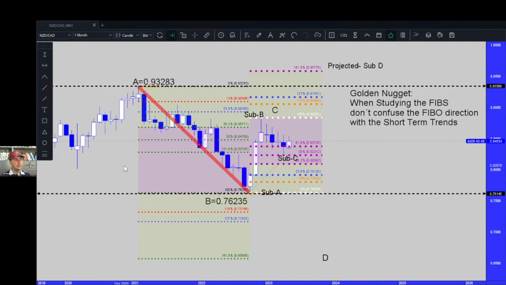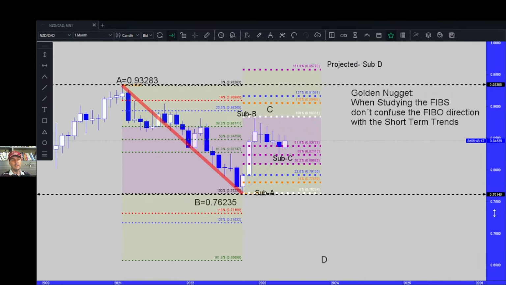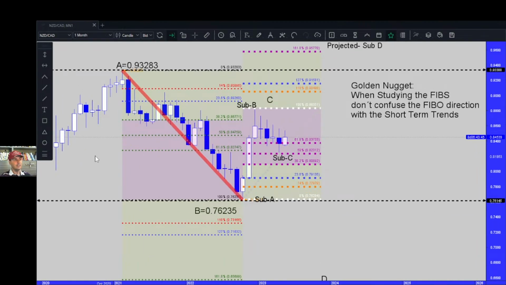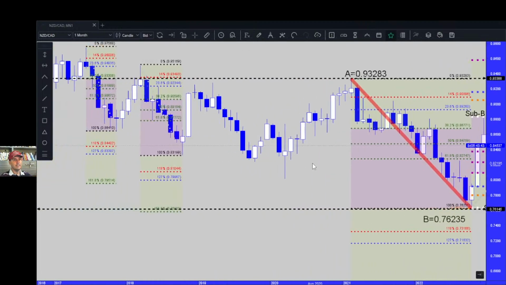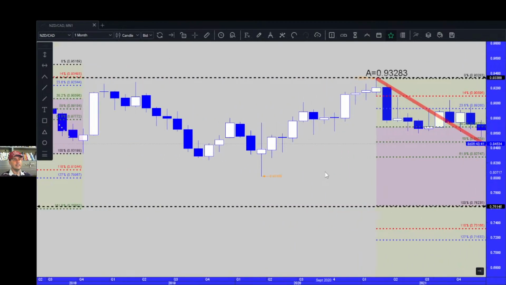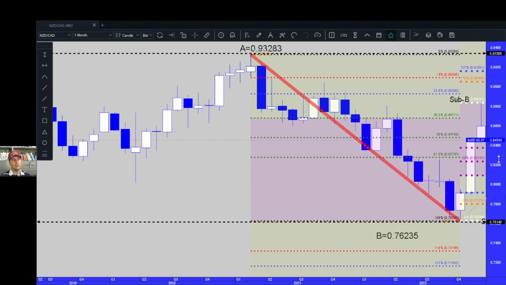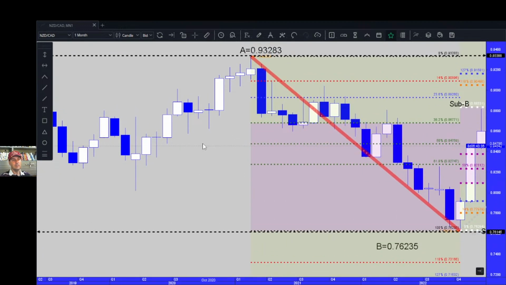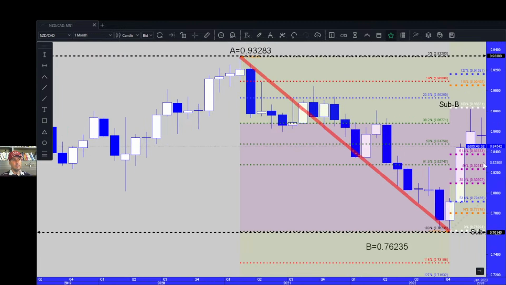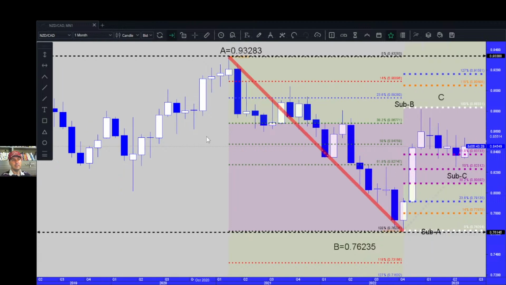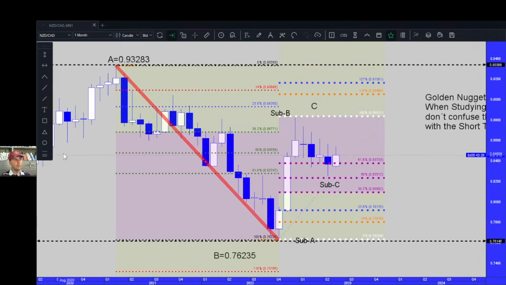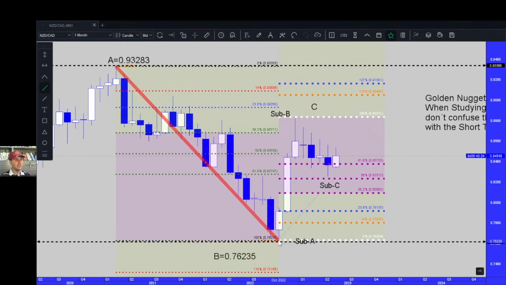So, the Fibonacci traders, like me, when I see something like this on the monthly, and you can use this methodology on all time frames and all currency pairs, I am going short. Make sense, everybody? Or strategy, some of you are using counter trendline breaks.